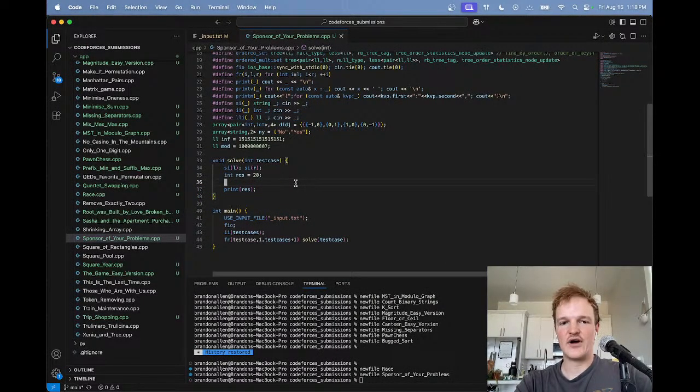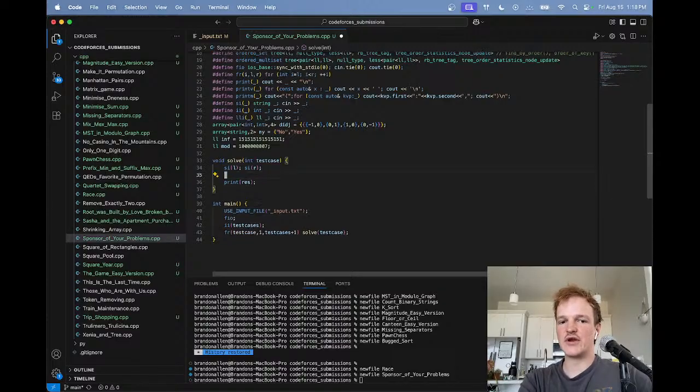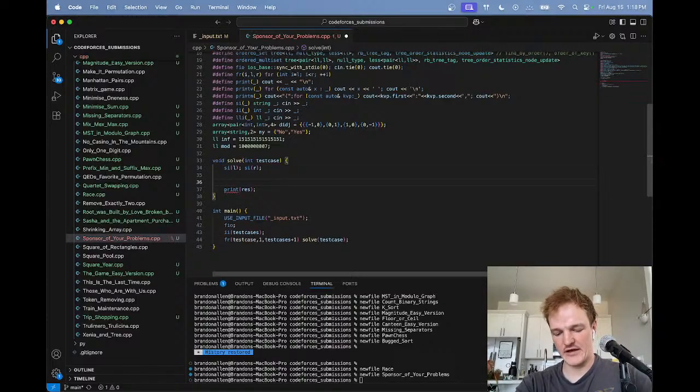So res is 20. Res does not need to be 20 now. Res is going to be something like, and I can use a DFS because the recursion is never going to go more than like 10 units deep. So res equals DFS of 0, 1, 1. This is saying you're at index 0.